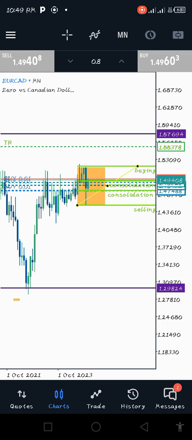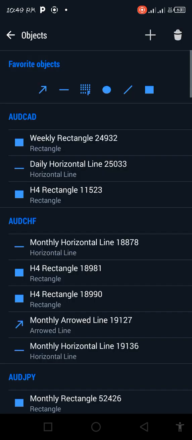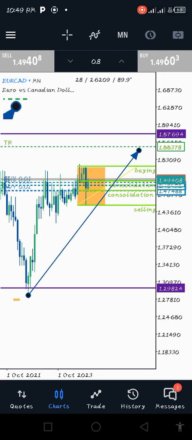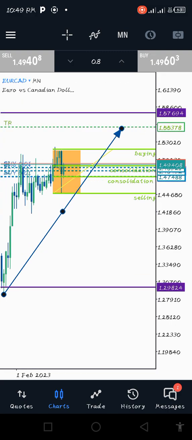Why? Because the monthly time frame is telling us to buy on the latest data on this pair. That coincides with the fact that price is pushing up on this pair. Simple.